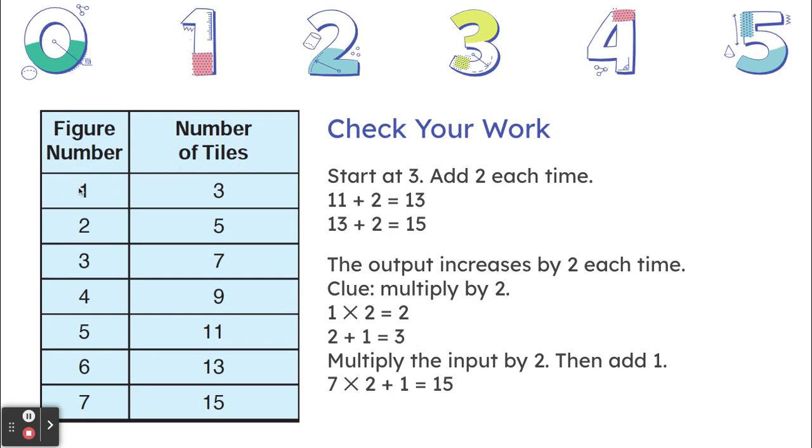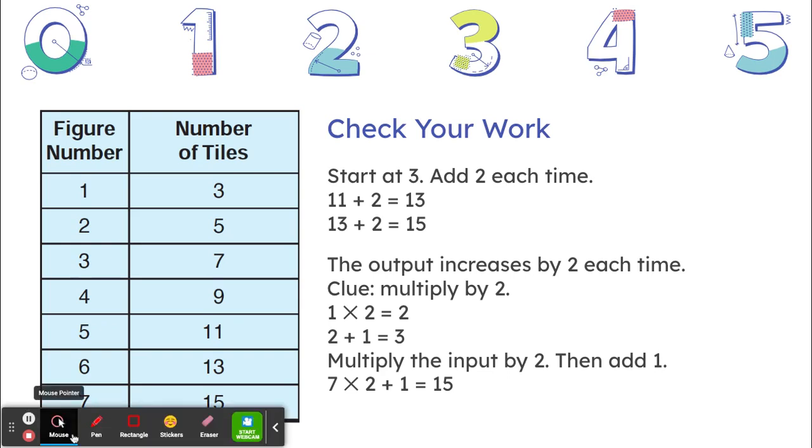So let's try that with input number 1. If we do that here with input 1, 1 times 2 equals 2, but that's not our output. We need 3. So that tells us that we have a second step to relate our figure number to our number of tiles. So then we have to figure out, what do we need to do to go from our current output, which is 2, to the desired output, which is 3.